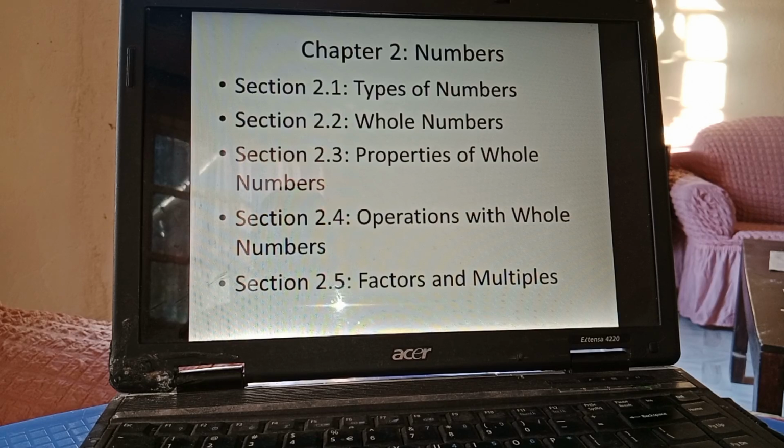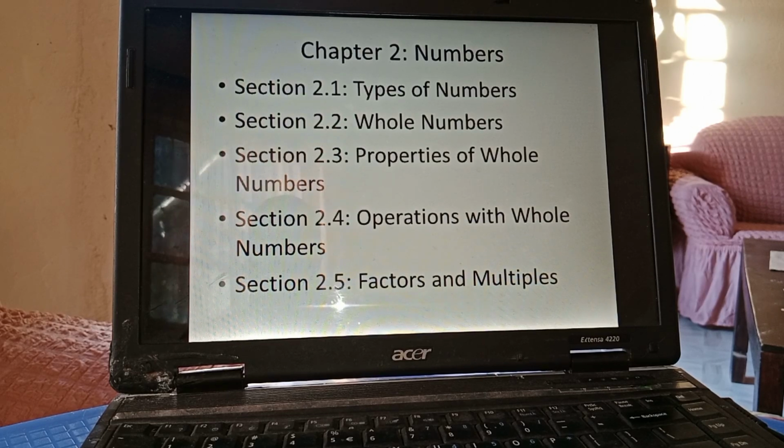So, chapter 2, numbers: you have section 1, types of numbers; section 2, whole numbers; section 3, properties of whole numbers; section 2.4, operations with whole numbers; and section 2.5, factors and multiples.